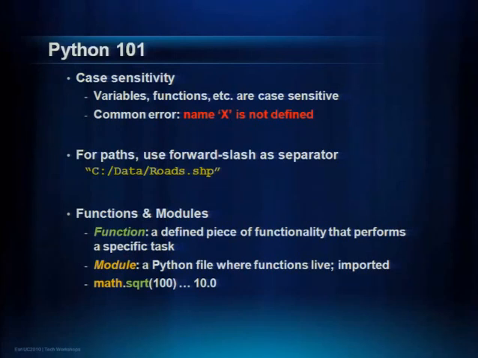Often all of the functions in a module are related, and these modules have to be imported into your Python scripts in order to be used. The example on the third bullet is we'll use the math module and call the square root function from that math module and provide a value, and that function will then return a result value.